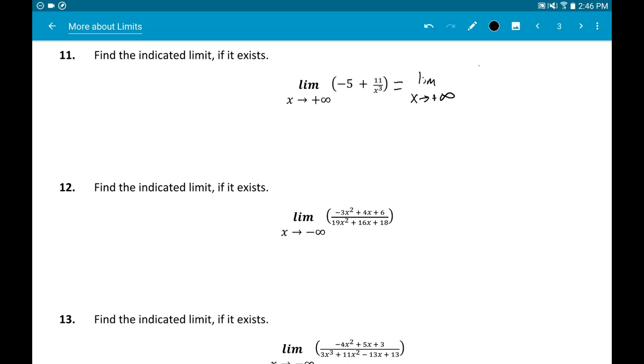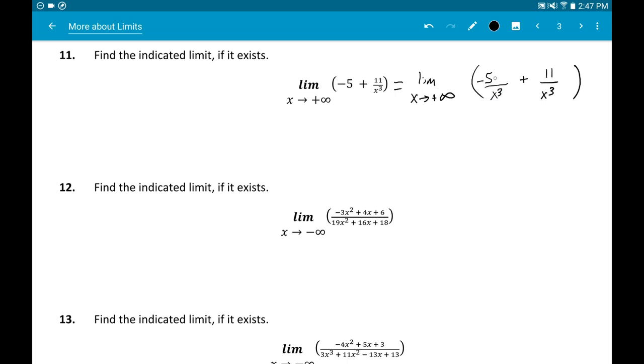So what I want to do is I want to rewrite -5 as something with a denominator of x cubed. Okay, so I've got -5 here, and I want to get an x cubed on the bottom. So how can I do that?